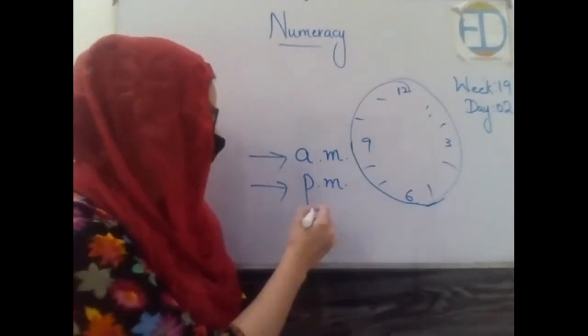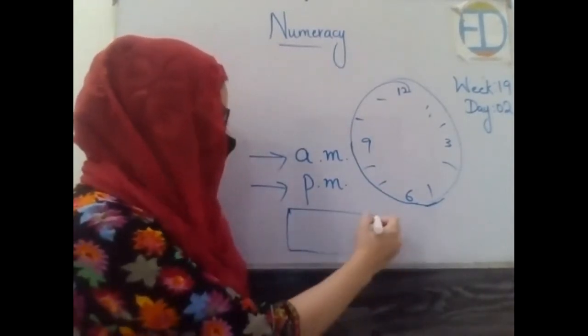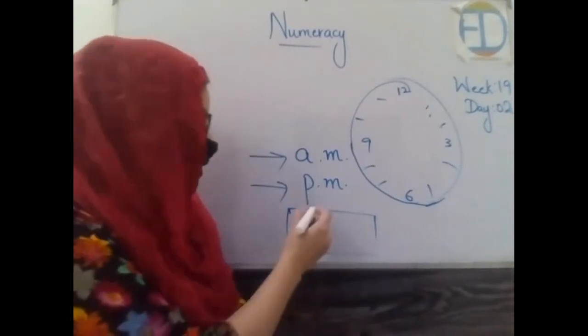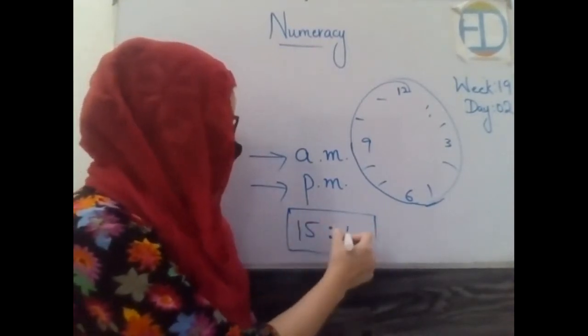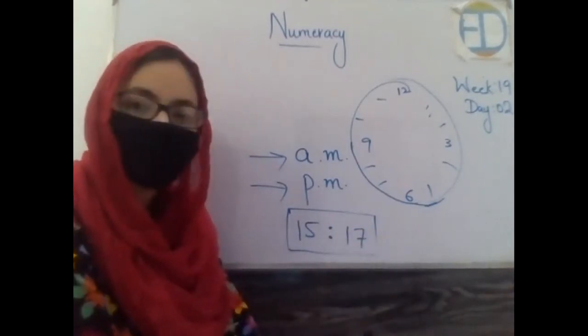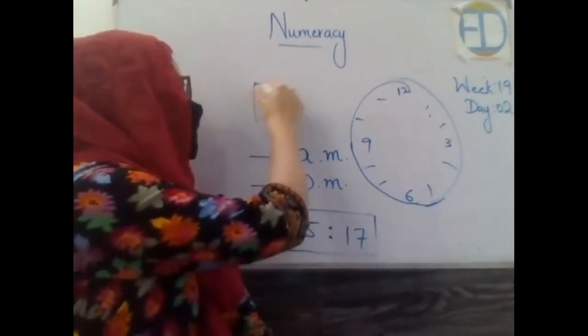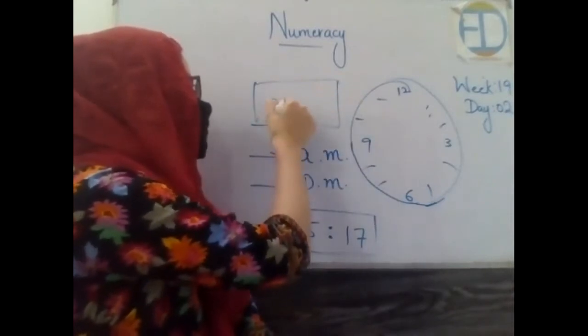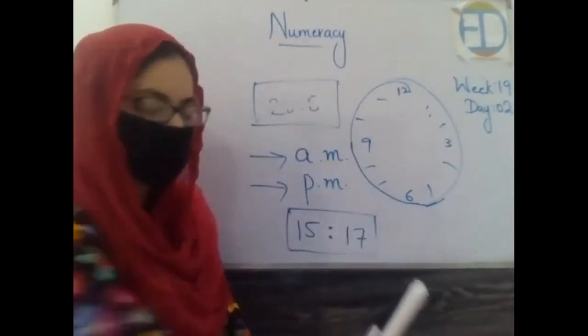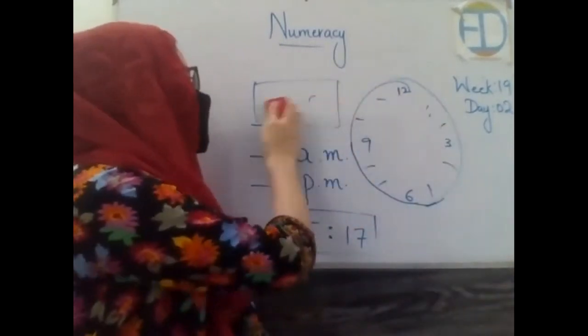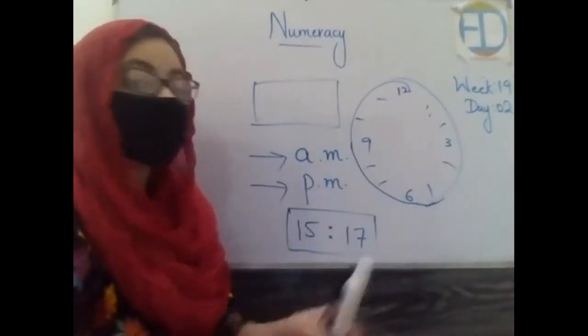Have you seen any clock which displays such digits? Yes. What is that? It's a digital clock. On the digital clock, you have times like 15, 17, 23. Okay, let's write them in the manner of digital writing so that it becomes easy for you to understand.